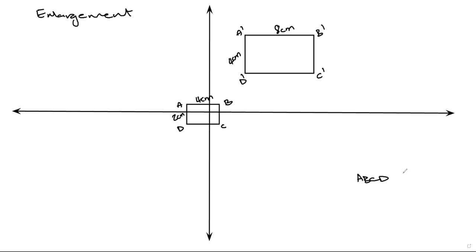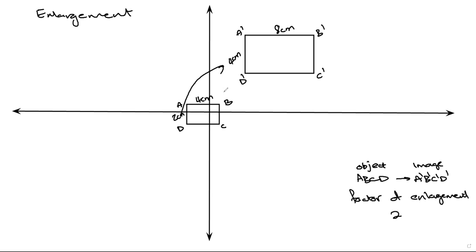So that's the enlargement. If I am going from my object, A, B, C, D, to my image, A dash, B dash, C dash, D dash, then there is a factor of enlargement going this way. In this case, I can see it's going from 2 centimeters to 4 centimeters and 4 centimeters to 8 centimeters, so the factor of enlargement is 2 because I have to multiply by 2 to get there.